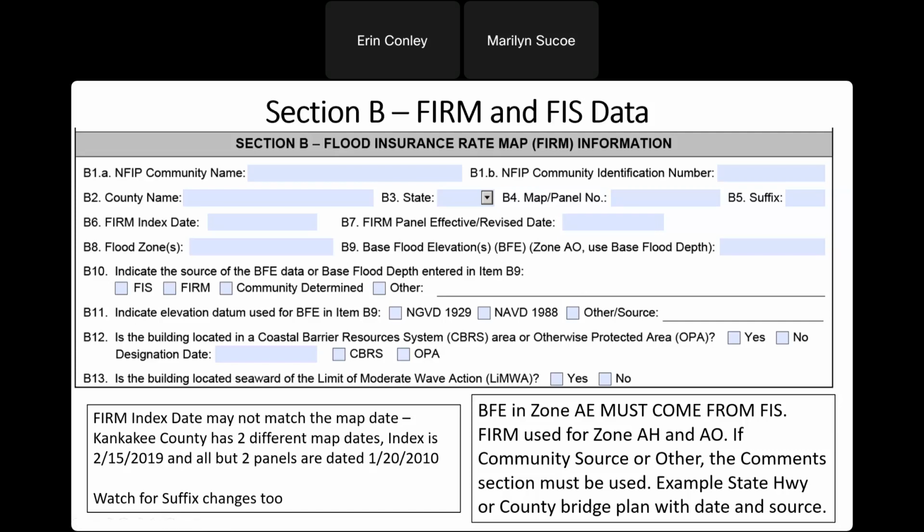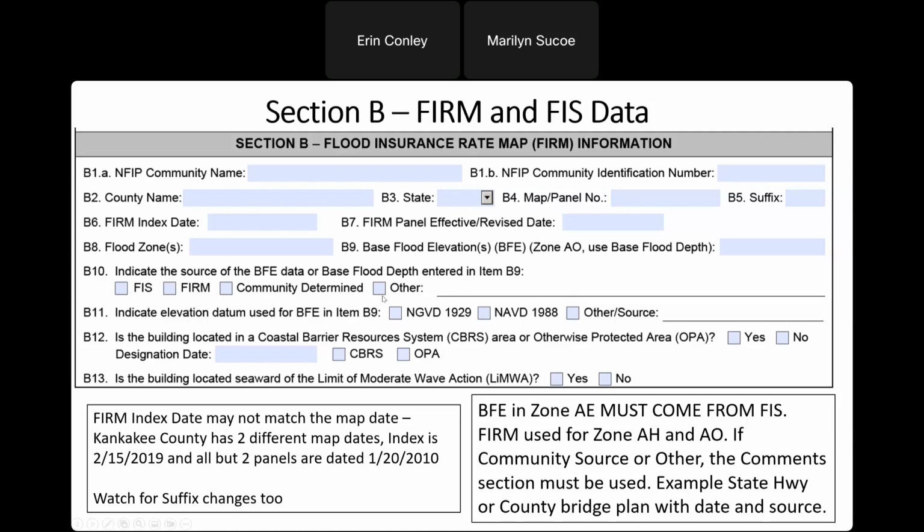If there is a zone A and the community has established a base flood elevation, or you would check other sources, for example, if you're using a county bridge plan or some other study analysis, maybe an adjacent letter of map amendment, you're using that to establish a base flood elevation.